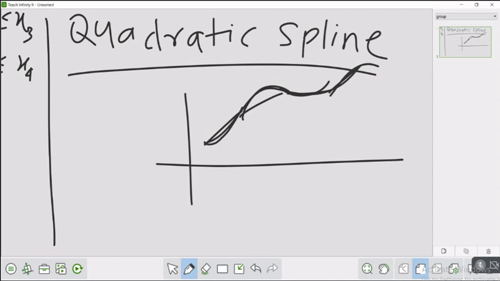So the question is again, how do we find the quadratic spline? Actually, linear spline was very simple, but quadratic spline is a little tricky. Let us see what we can do.